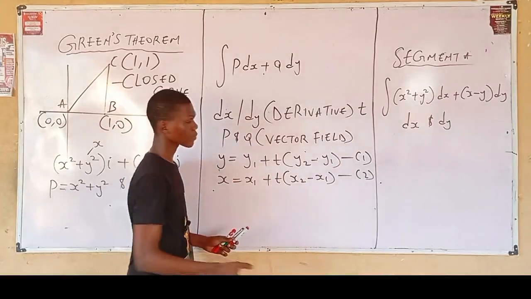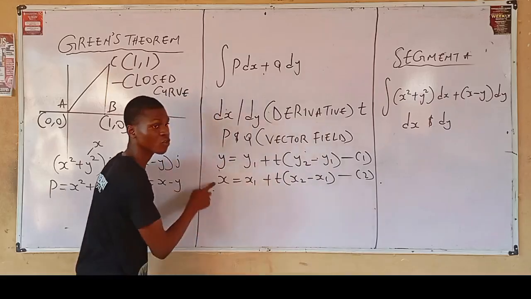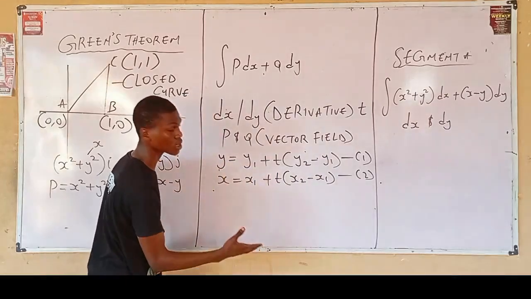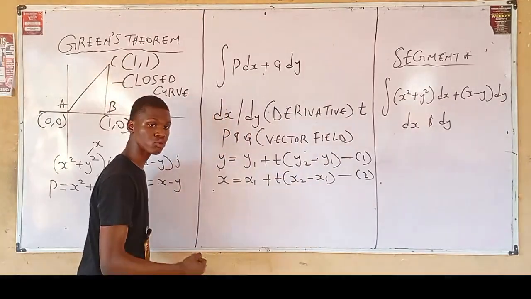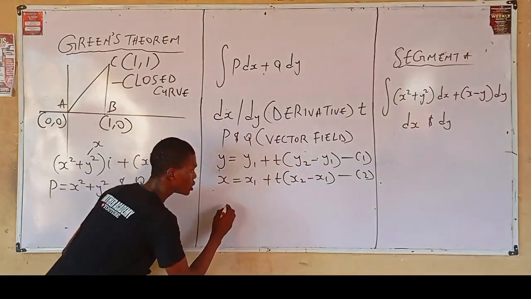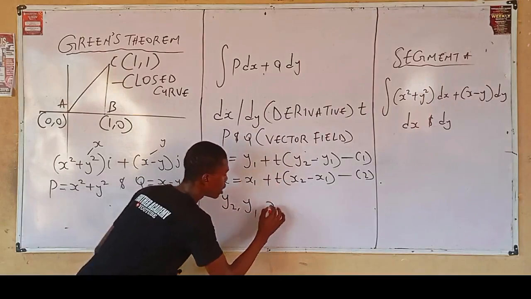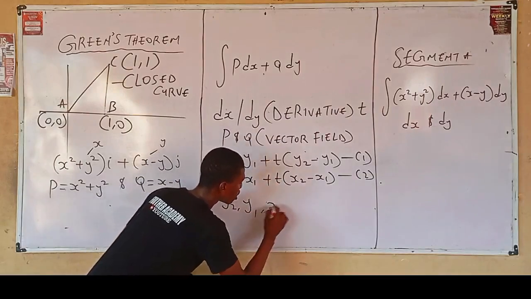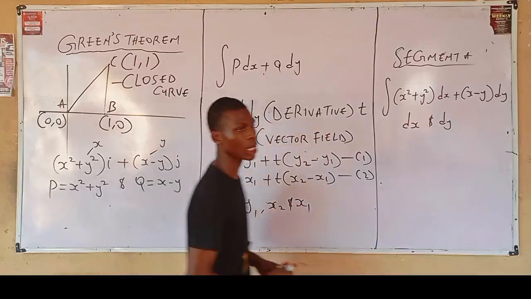Any question? From here now, I have to make use of 1 and 2 to get the function of y and x. But you observe something. To use this 1 and 2, I need y1, y2, x1, x2. Meaning from here, I have the unknowns to be y2, y1, x2, and x1.